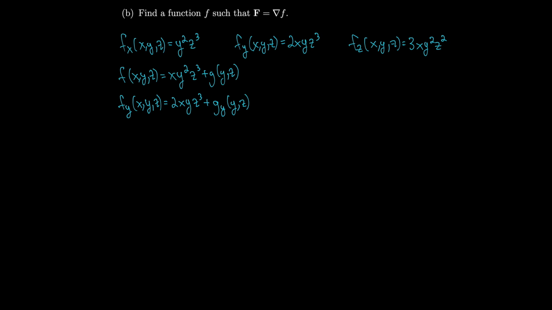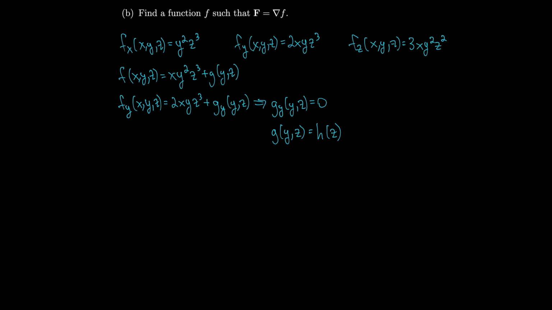So comparing that with our partial with respect to y, we see that this extra function over here must be 0. So we have the partial with respect to y of g of y, z equal to 0. So that means that if we anti-differentiate with respect to y, we get that g of y, z must be equal to just some function of z.